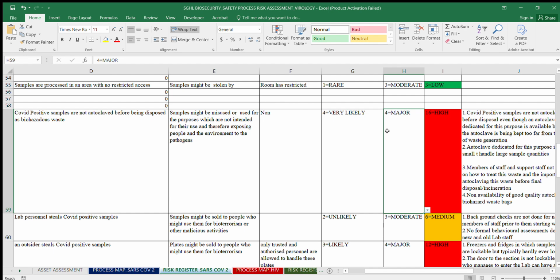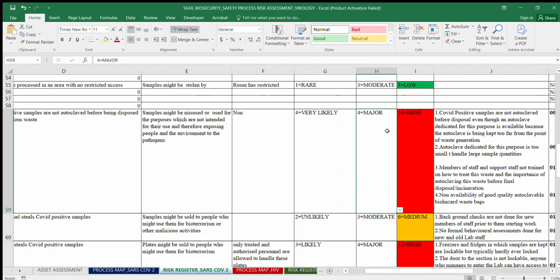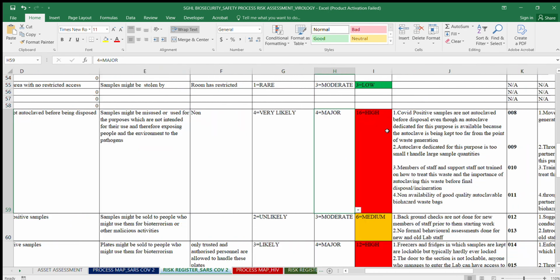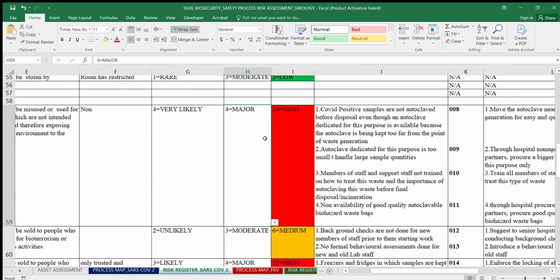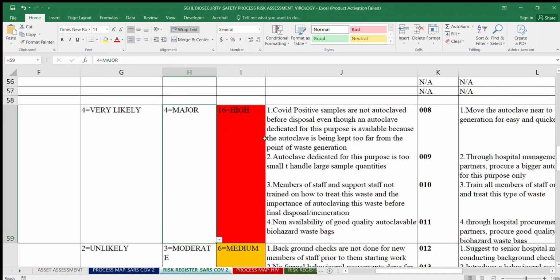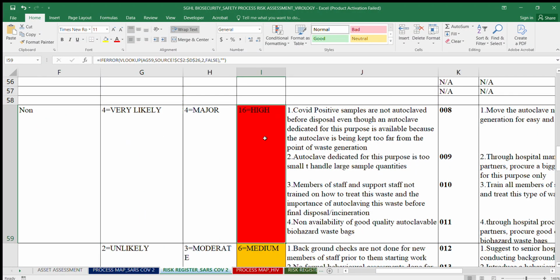So if your likelihood is very likely and your consequence is major, it means you're going to have a high risk. So let me just zoom in. So risk is going to be very high. So at this particular point, you don't even need to beat around the bush.